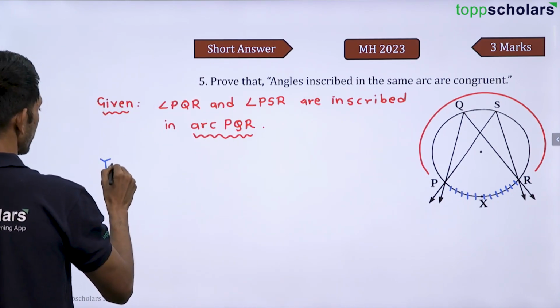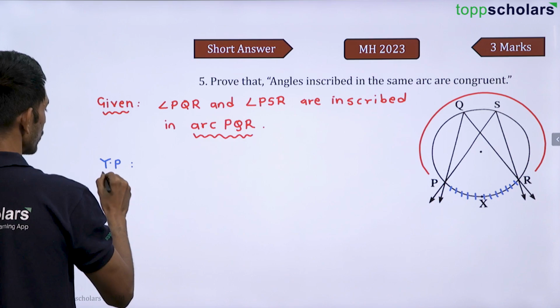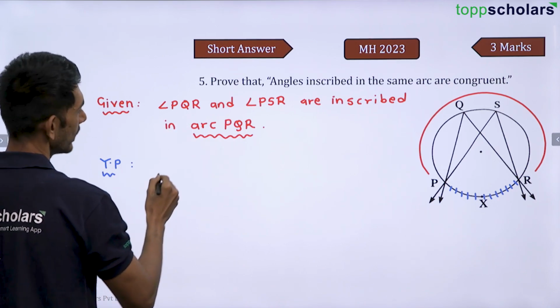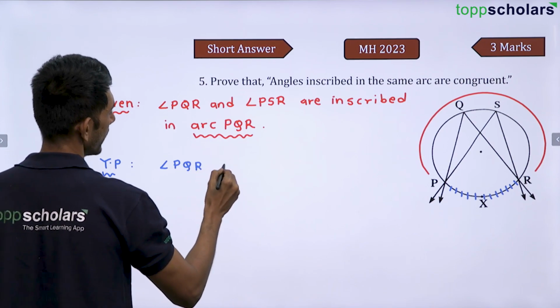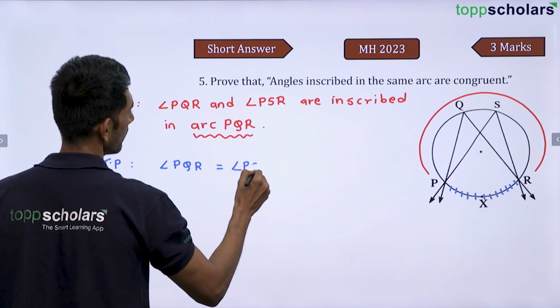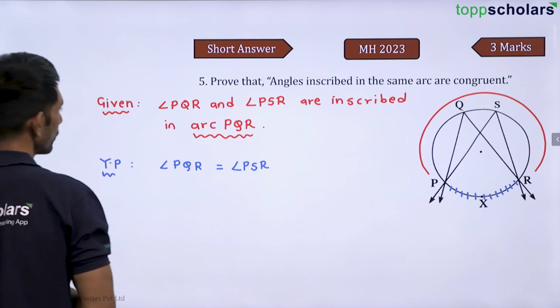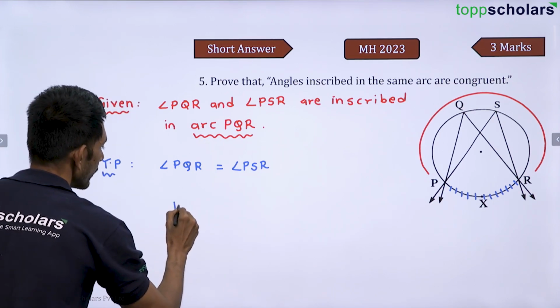Yes. What are we supposed to prove here? We're supposed to prove that these two angles are equal. That is, angle PQR is equal to angle PSR. This is what we are supposed to prove. Let's begin with the proof.